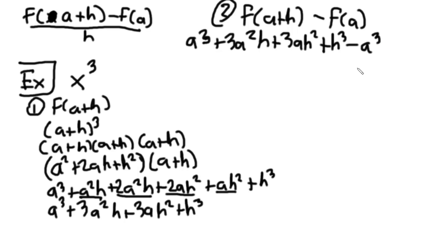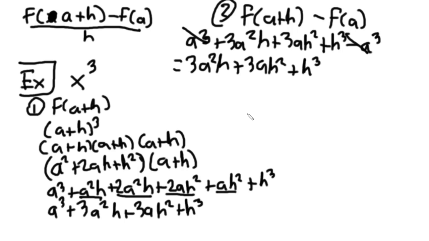So that's going to be a cubed. If you'll notice, the a cubes will cancel. So I'm left with 3a squared h plus 3ah squared plus h cubed. Now let's get ready for step 3.